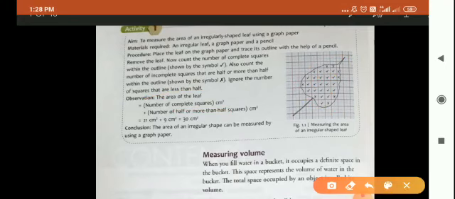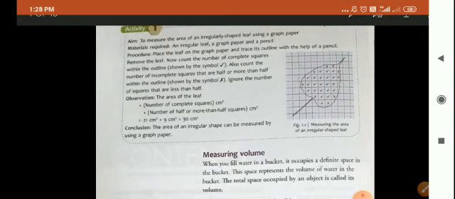Two types of squares you have to count. First you will count the full complete squares lying inside the outlined figure of the leaf, and then you will count those squares whose half portion or more than half portion is lying inside the outline of this irregularly shaped leaf.